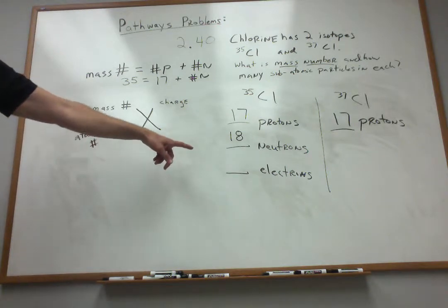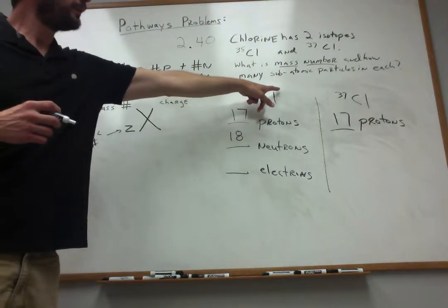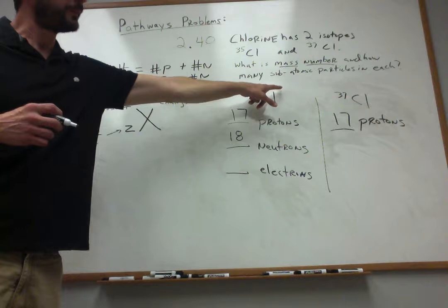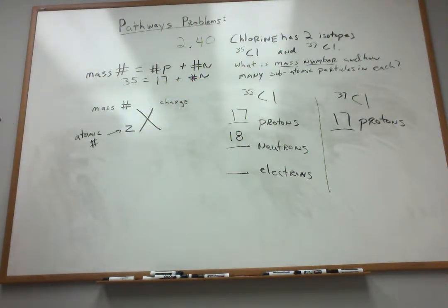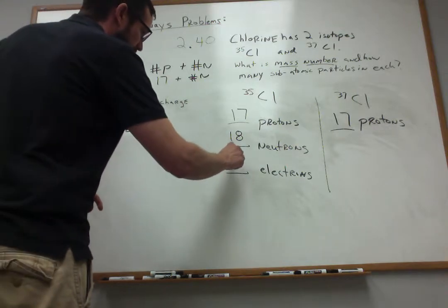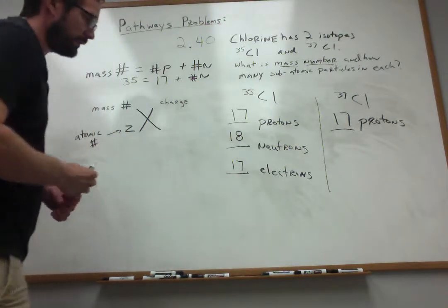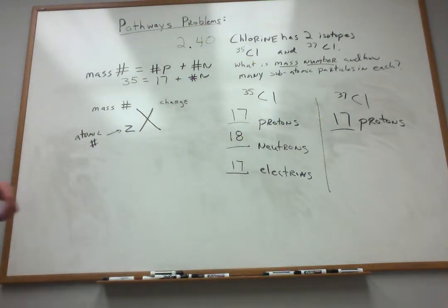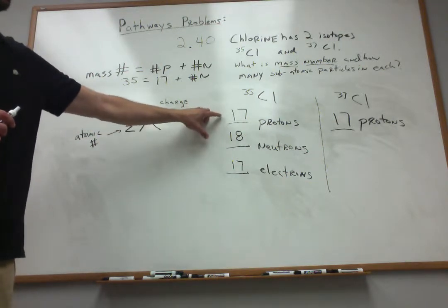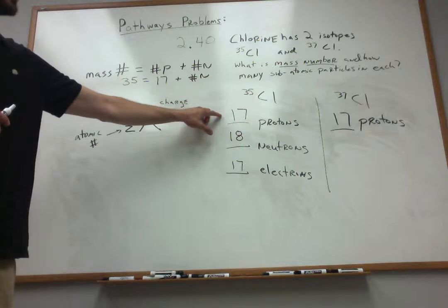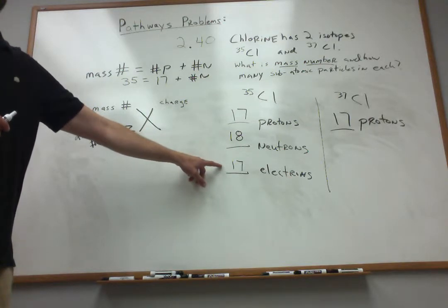Now what about electrons? Notice there is no charge here. No charge at all, right? What that tells me is that this atom must have 17 electrons associated with it. Because what particles are our charge carriers in our atom? Remember, the protons are +1 each. The electrons are -1 each.